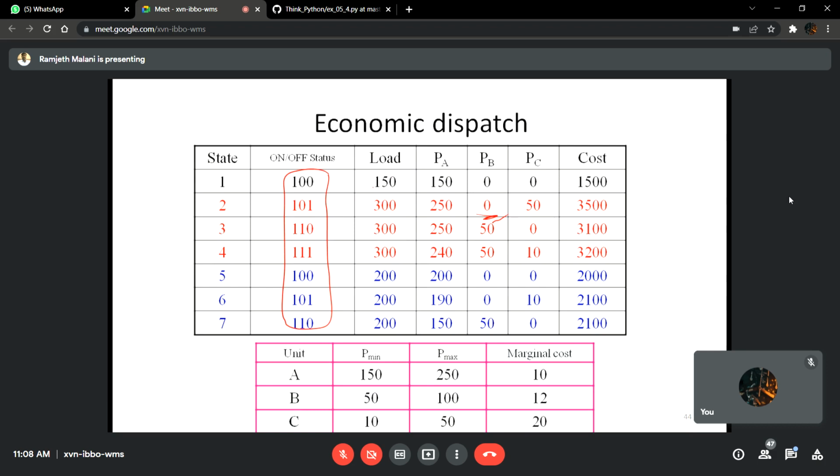For each state, the demand also we know.